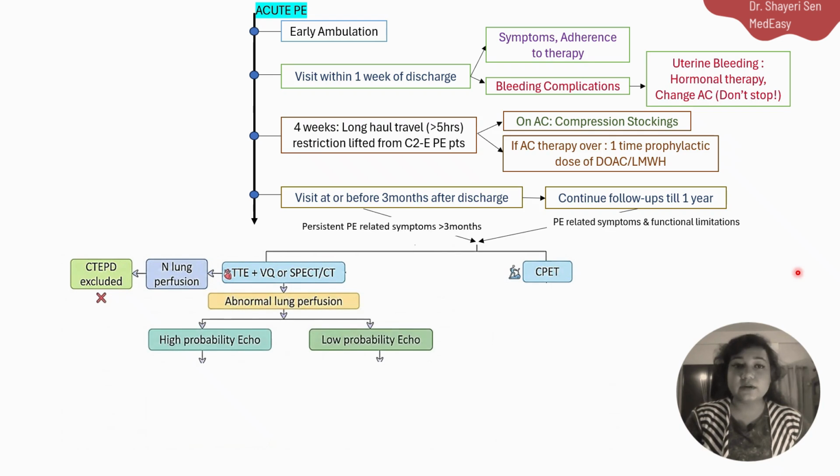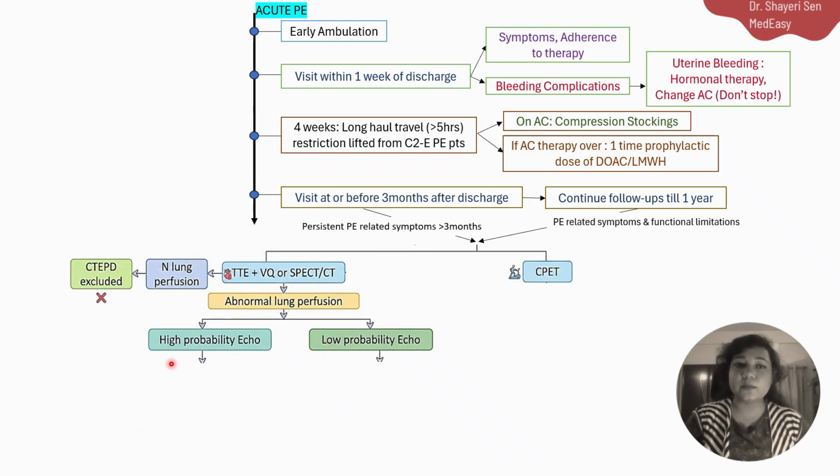If, however, the VQ scan shows an abnormal lung perfusion, then the transthoracic echo becomes important. Now, the echo could be a high probability echo or a low probability echo. What's a high probability echo? This means that the echo shows a TRV, or tricuspid regurgitation velocity, more than 2.8 meters per second, and the echo shows signs of pulmonary hypertension.